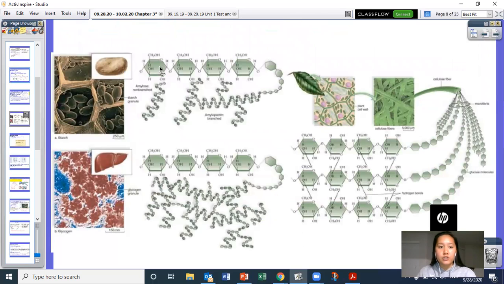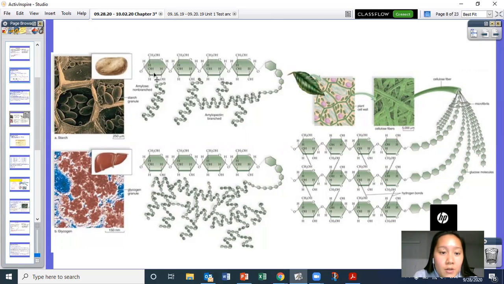So these are some pictures over here. You can see that the bonds here are in the same direction. So this is an example of starch. And all of these bonds between the glucoses in the chains of starch, when it's zoomed in, you can see they're all pointing down.